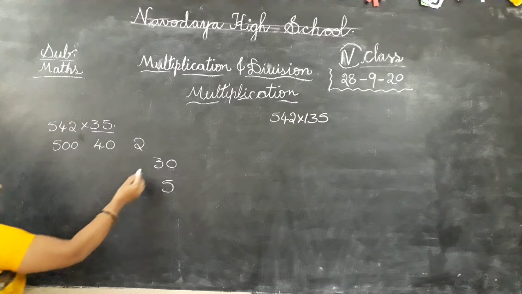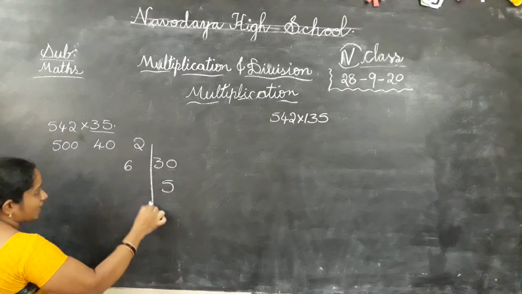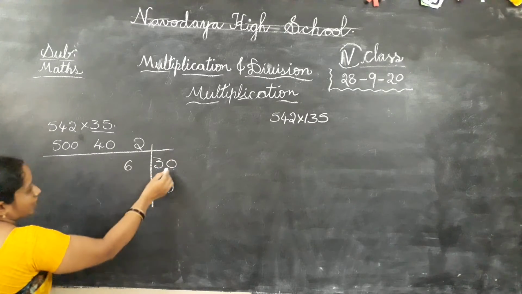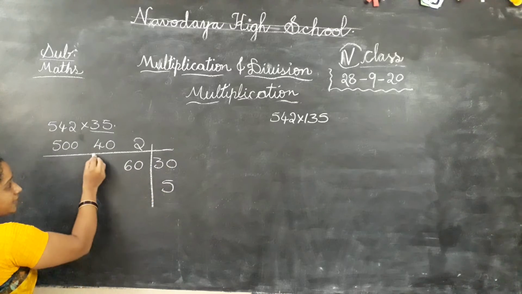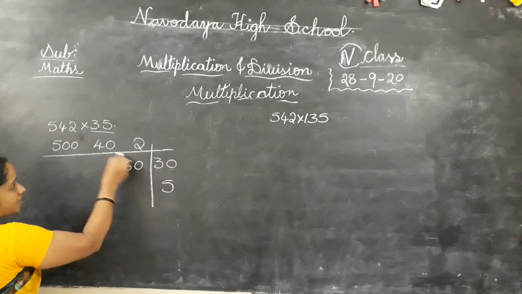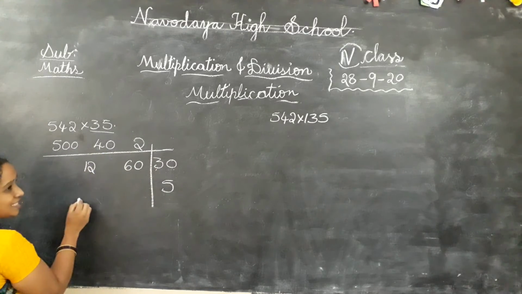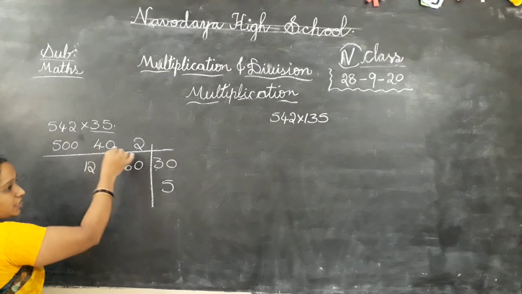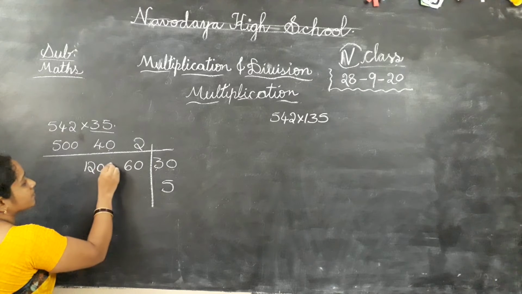So look here, 3 2s are how much? 6. How many zeros are here? 1 zero. 60. Next, tens place digit. 3 4s are 12. How many zeros are there? Here is 1 zero and here is another zero. How many zeros? 2 zeros.